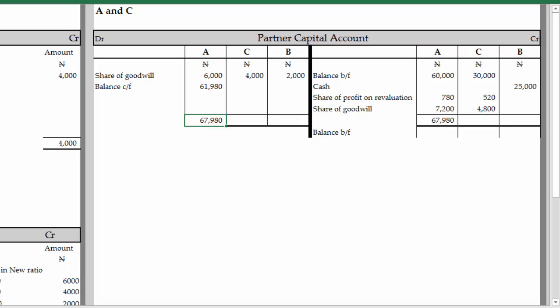For C, the total on the credit gives 35,320, while on the debit is 4,000. So the balance there will be 31,320, which brings the total on the debit also to 35,320. For B, the total is 25,000, and the debit is 2,000. Therefore, the balance is 23,000, which brings the total on the debit also to 25,000.